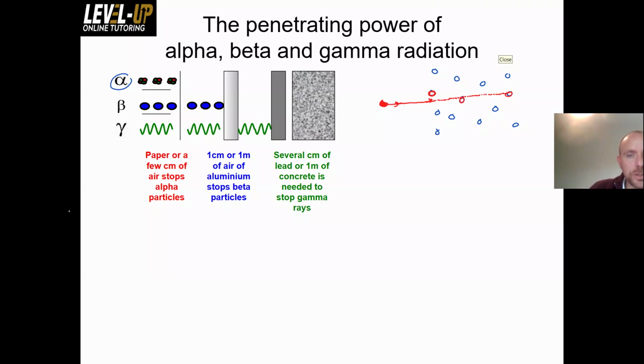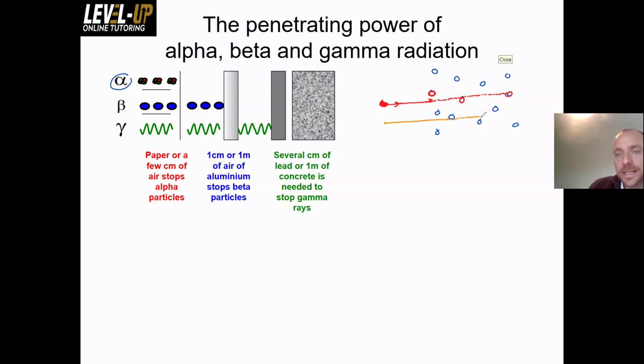If I now compare it to a beta particle, it is going to be much smaller than that. So let's just draw that again. Beta particle here, tiny little beta particle. This beta particle passes through, even though it gets quite close, it might just about ionize that one. Okay, so it ionizes that one, it loses a bit of energy.